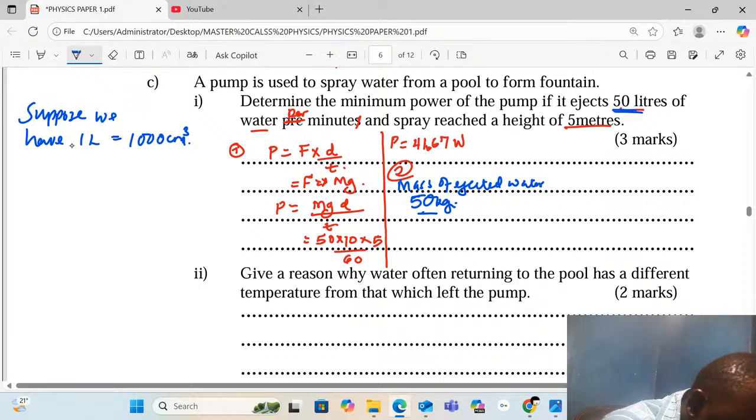So now, from there, we know that the density of water will be 1 gram per cubic centimeter.